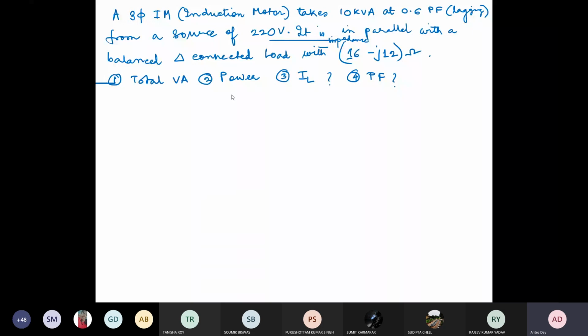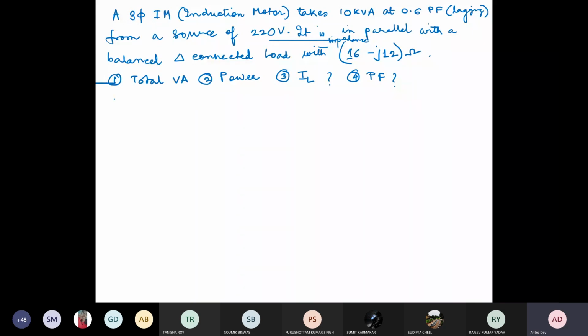Then you can convert your delta into star, and then from there you can take the combination of these two, or you can convert the delta of the motor. Usually we assume that the motor is star connected. If nothing is mentioned, you first have to assume and solve.